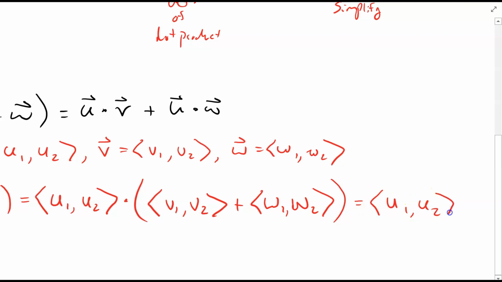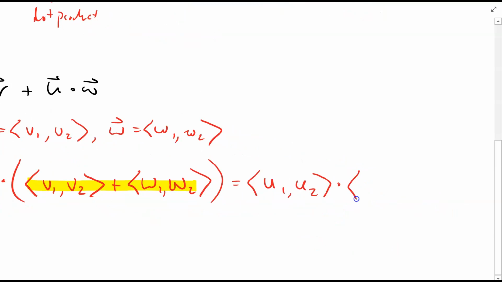So how do I add two vectors that are in component form? I just add the components, right? So that vector is going to turn into v1 plus w1, v2 plus w2. Everybody okay there?